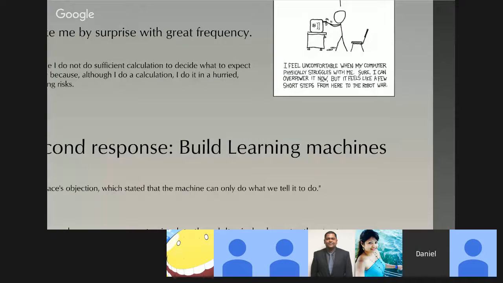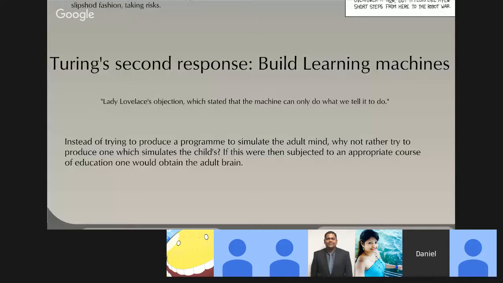So Turing needs another argument, and he gives a second response later on in the paper under the rubric of learning machines. Turing says, if you want to build an intelligent machine, don't try to build a full human brain. Instead, try to build a child's mind and allow it to learn from its environment.